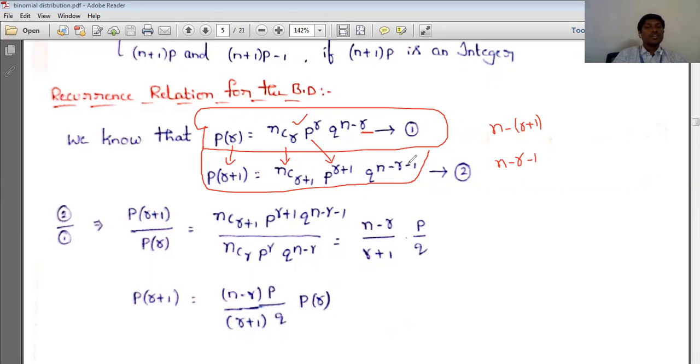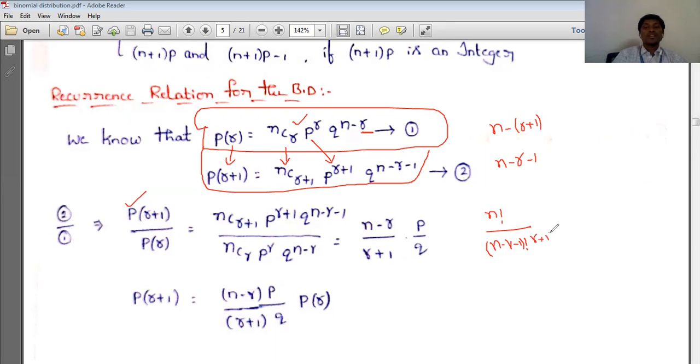Now we divide these two equations: P of r plus 1 by P of r is equal to the left-hand side over the right-hand side, and we take common terms and cancel. How did we get this? nC(r+1) we can write as n factorial by (n minus r minus 1) factorial times (r plus 1) factorial.